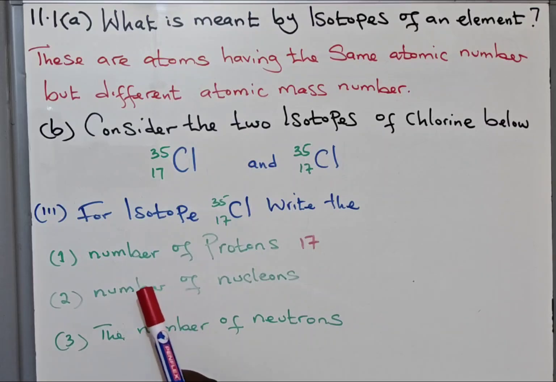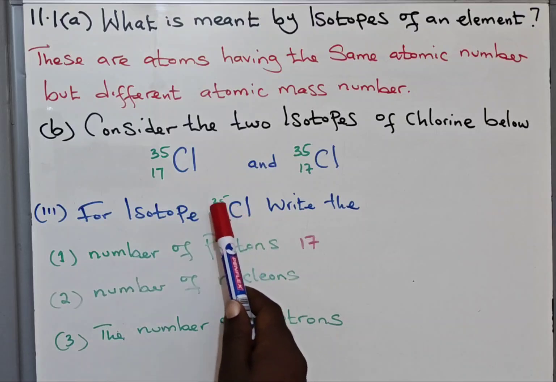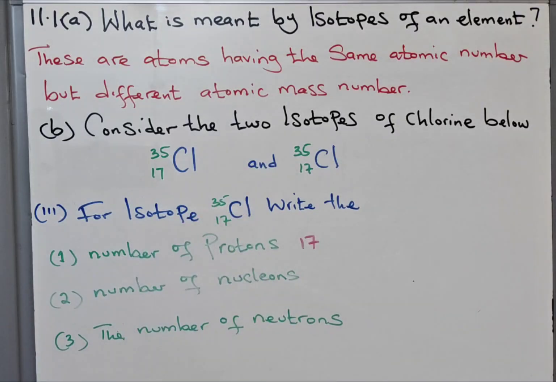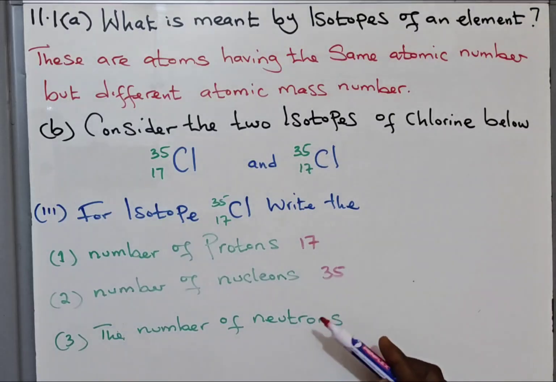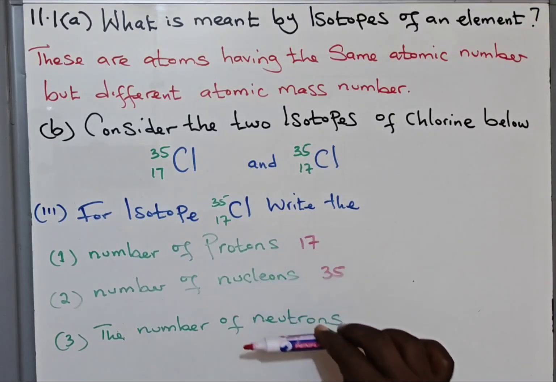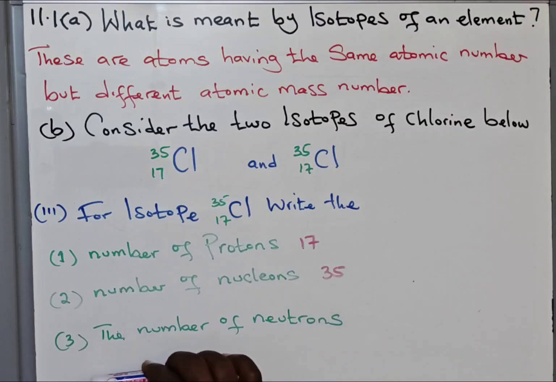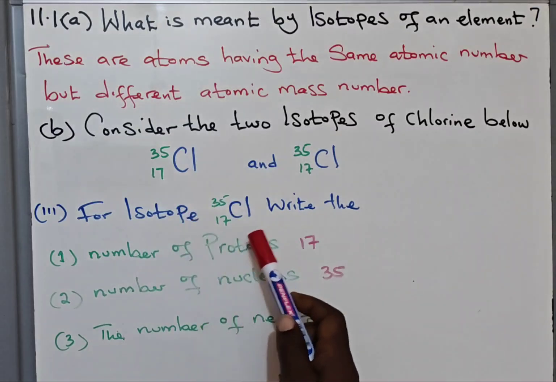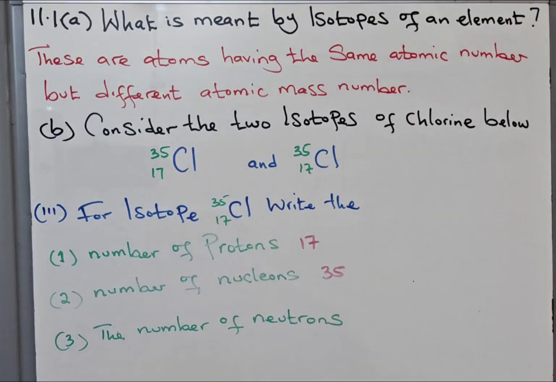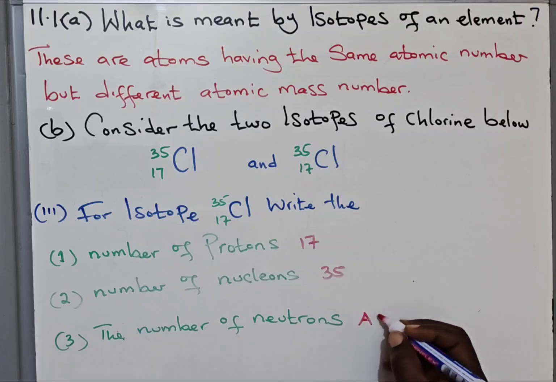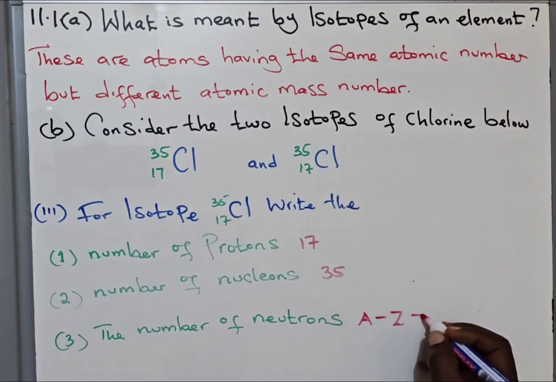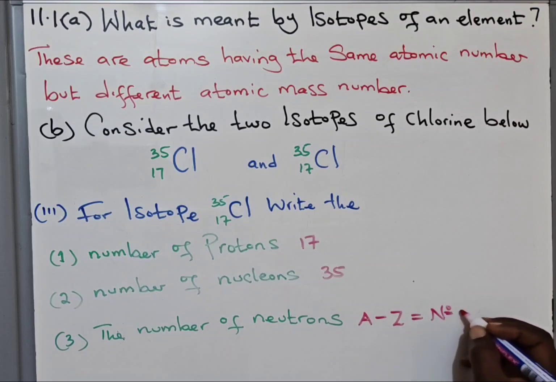Then the number of nucleons is the same as the atomic mass number, so the answer is 35. You have to differentiate between nucleons and neutrons. The number of neutrons is given by atomic mass number minus atomic number.